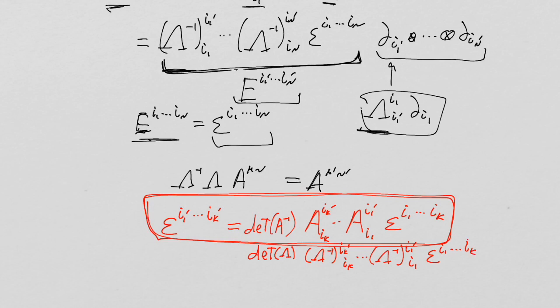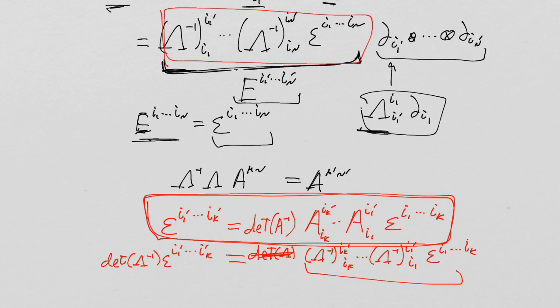And then I take this and I move it to the other side, and I get det lambda inverse epsilon, varepsilon I1 prime I prime K equals, right? And so this is this, right?